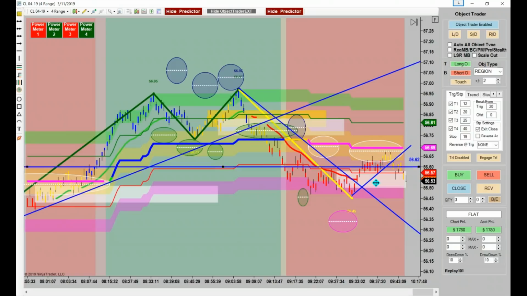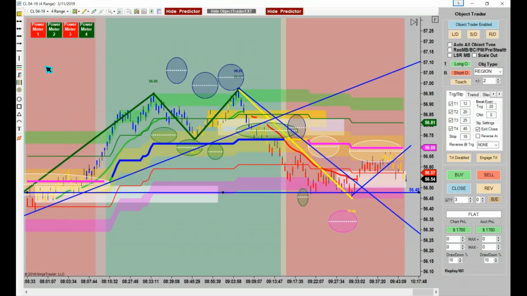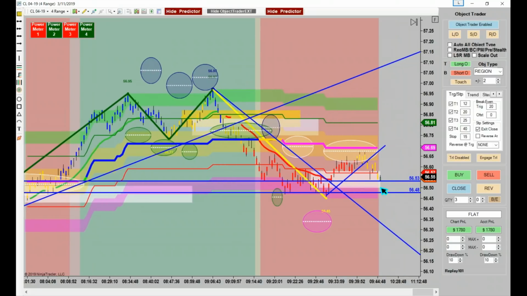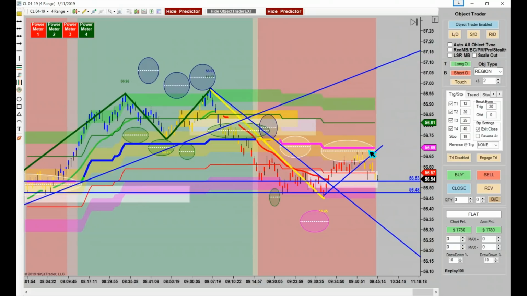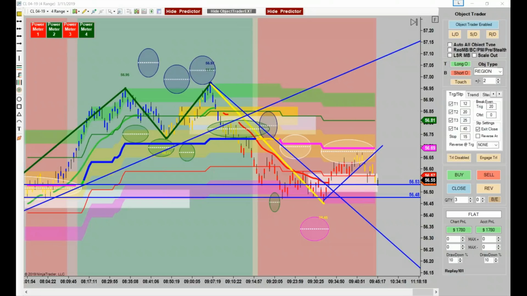Okay? Your target would be down here or here on the left. That's a pretty good little scalp, right? And that's actually close to a mid-band trade. All right, let's fast forward and see if we can pick out some other trades.